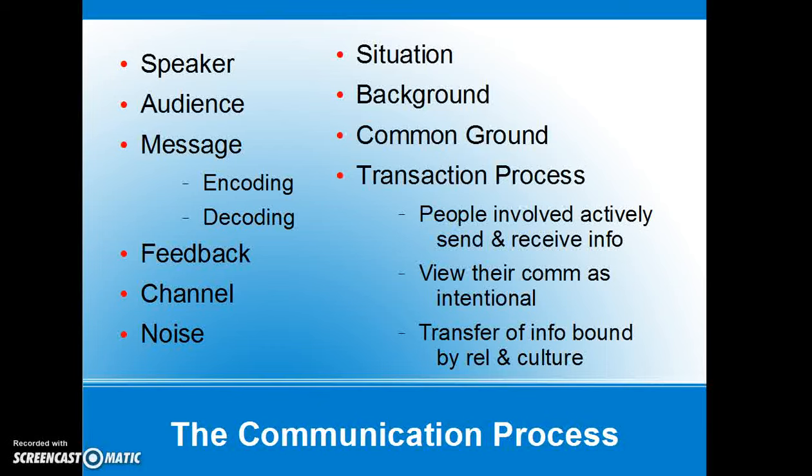So if you are able to find a common ground a lot of times, that will help the message be received more accurately, or at least what the speaker is trying to convey will be received in the way that they want it to. All of this is part of what I call the transaction process, and so there are several steps that will take place in the transactional process to help ensure that the speaker's message is properly received by the audience.